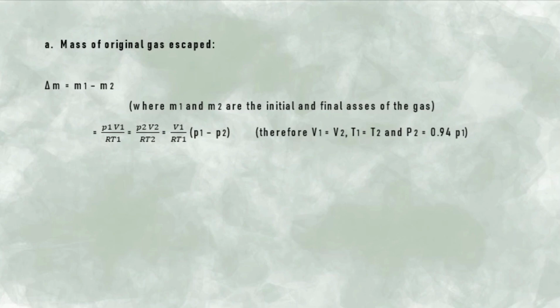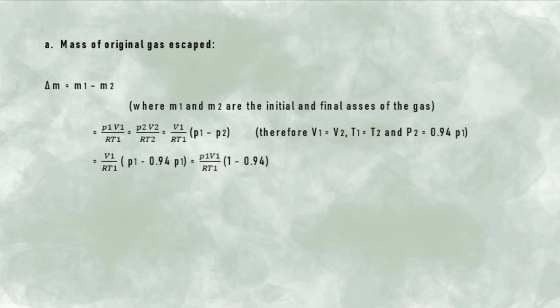Therefore, the initial volume equals the final volume, the initial temperature equals the final temperature, and the final pressure equals 0.94 P sub 1.